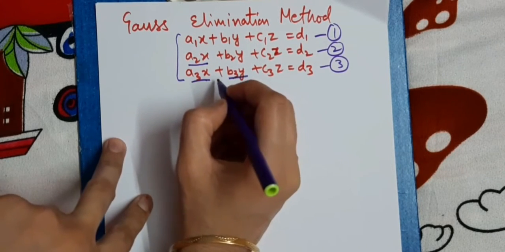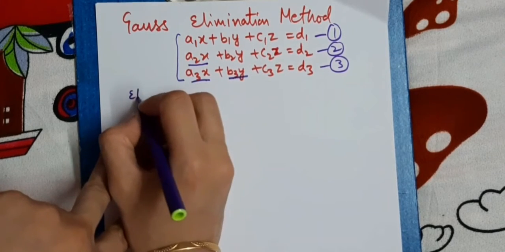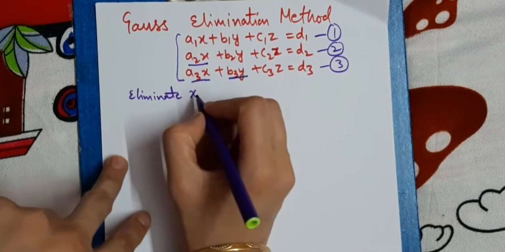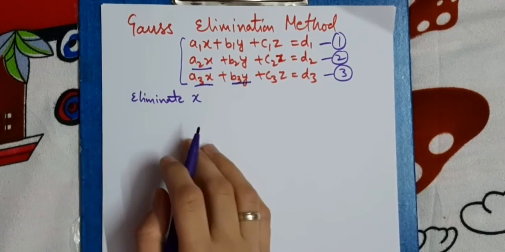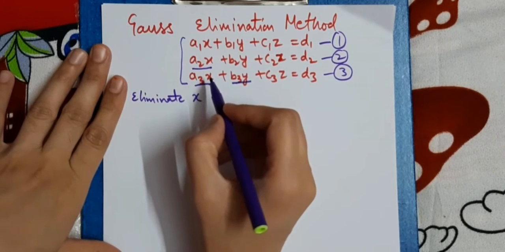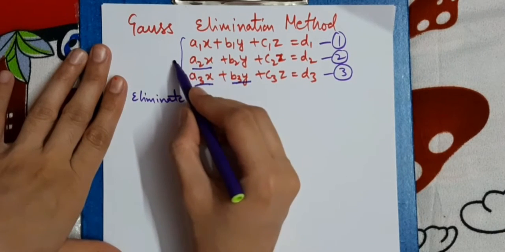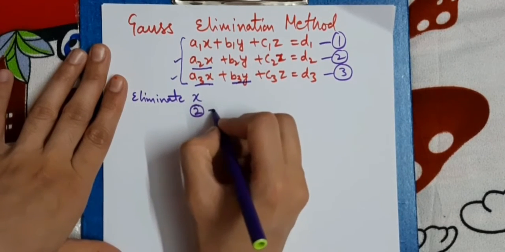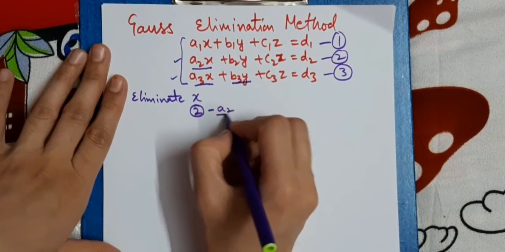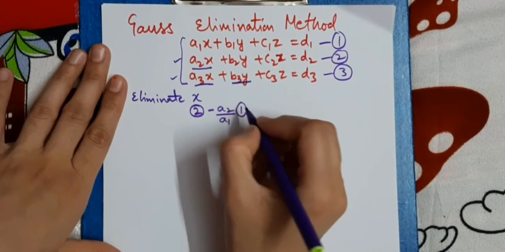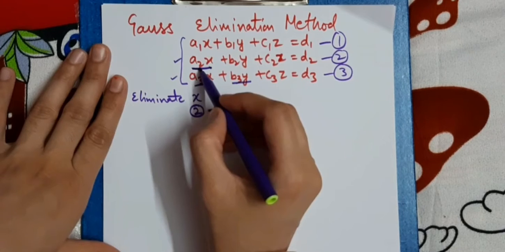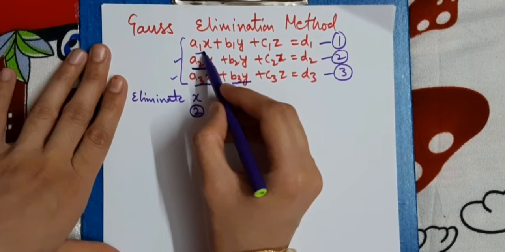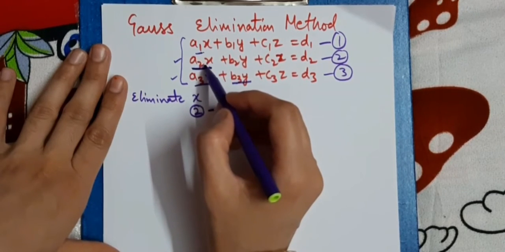Okay, first we will eliminate x. To eliminate x we will use operations on equation number 2 and 3. First we will apply equation number 2 minus a2 by a1 times equation 1. Here we have coefficient a2, here we have a1. First we will make it a2, then we will subtract 1 from 2.